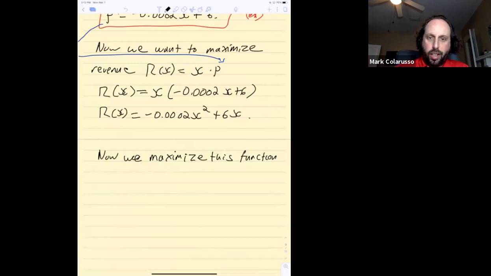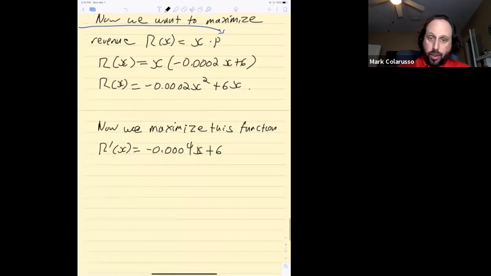Okay, so let's see. We take the derivative, and we get minus 0.0004x plus 6, since twice 0.0002 is 0.0004. Set this equal to 0 and solve.